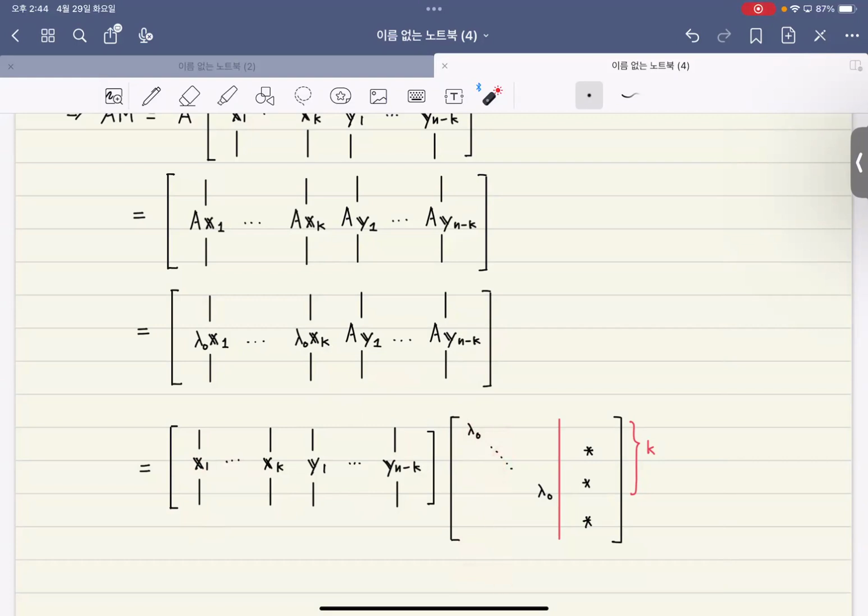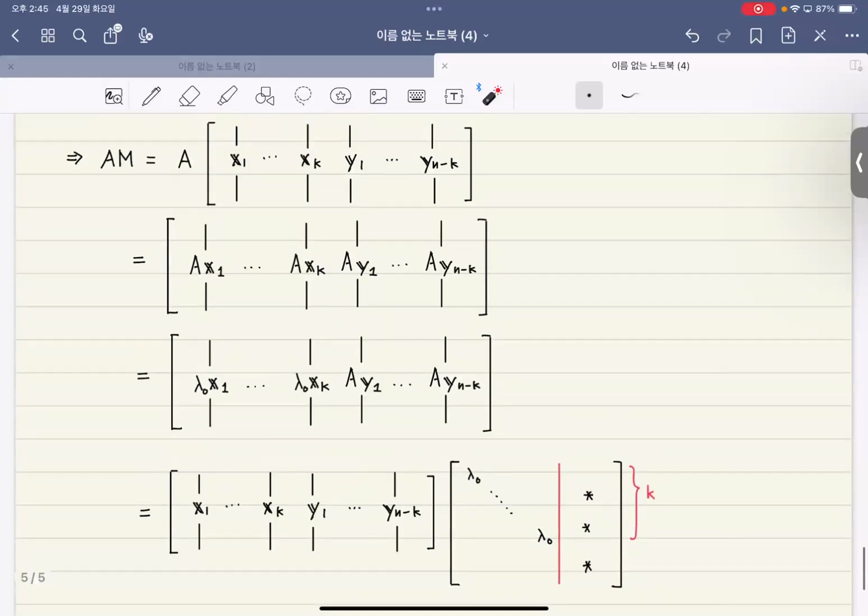Therefore, the first K columns form the diagonal matrix whose diagonal entries are lambda 0. For the other columns, such as Ay1, I am expressing it as a linear combination of x1 to y n minus k. They can be some numbers, and I really don't care about that, so I'll just put a bunch of stars there.